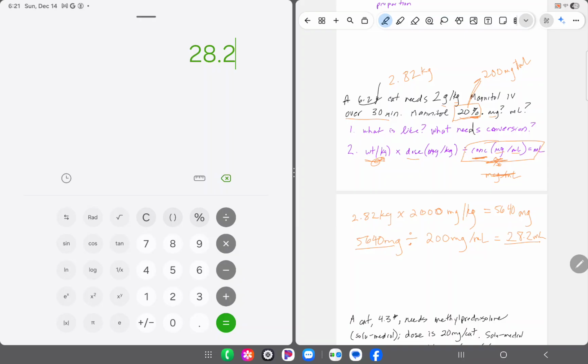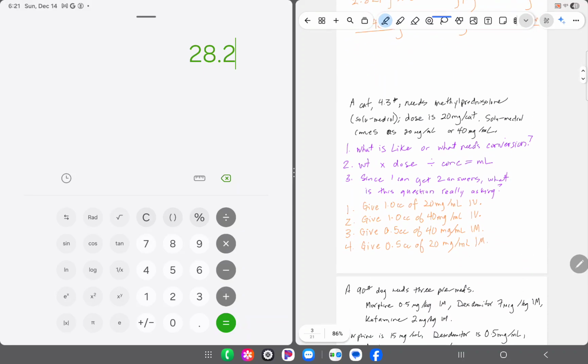It's very startling to do the math and see that an average cat's going to get 30 mils of anything, because we're so used to the average cat getting a mil or less of nearly everything. So this is the one time that I can really think of when the dose is quite high, but it's also normal.